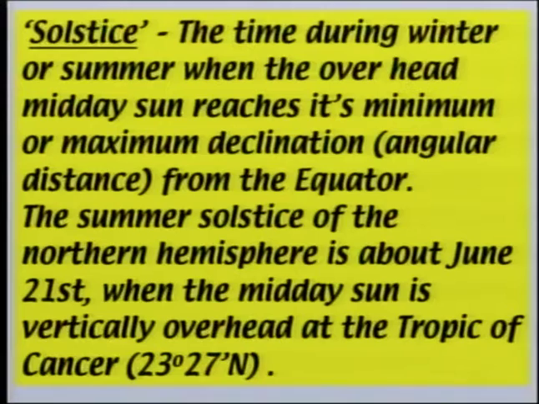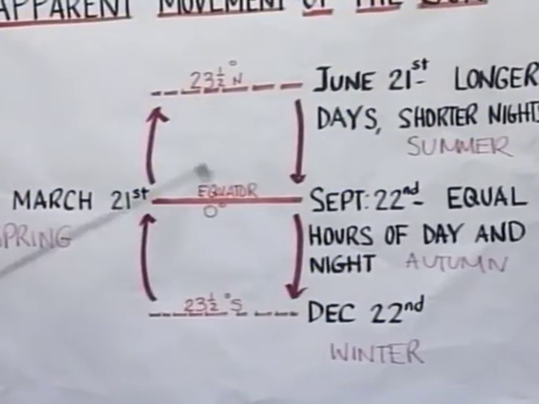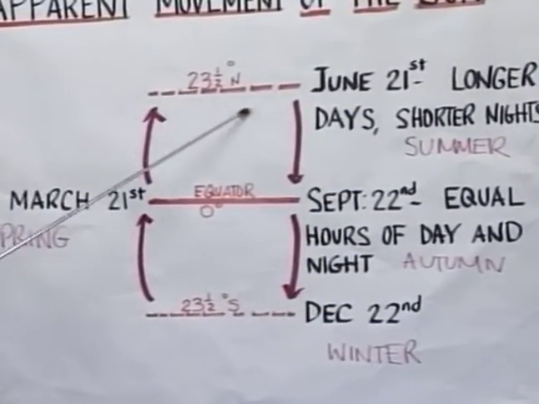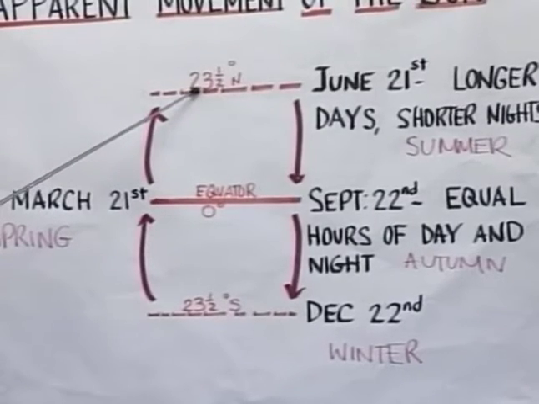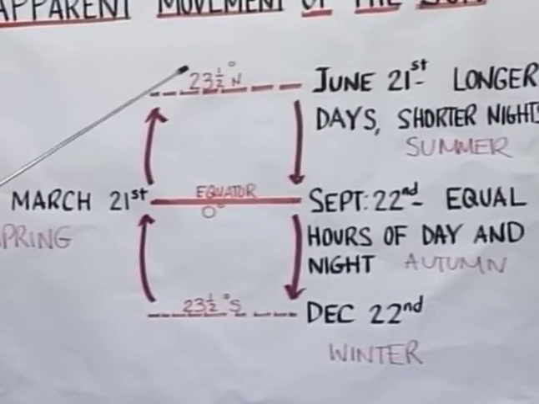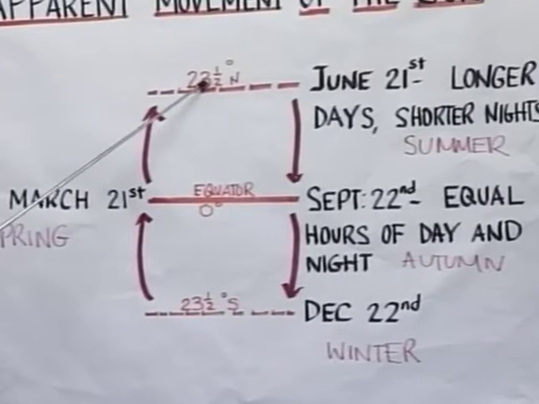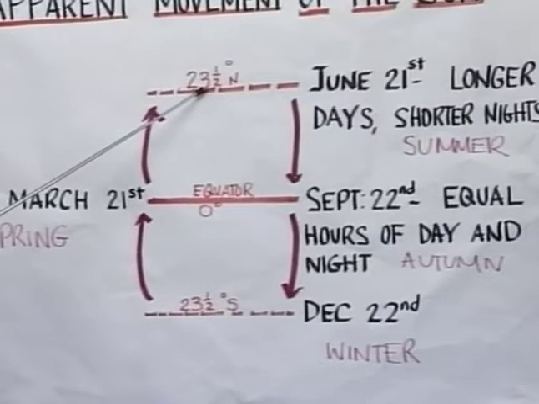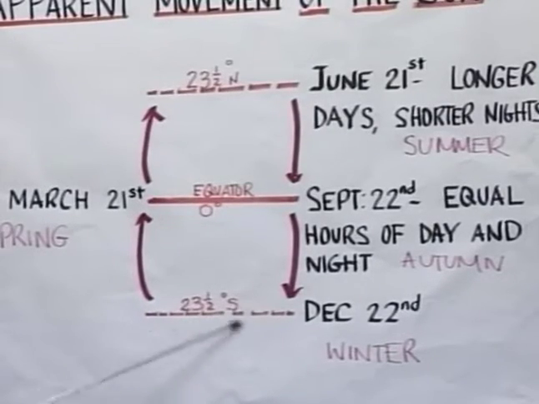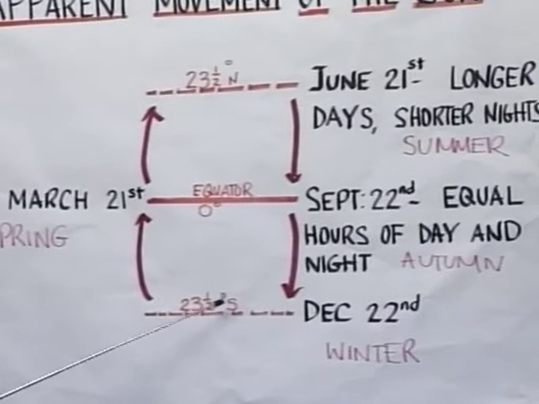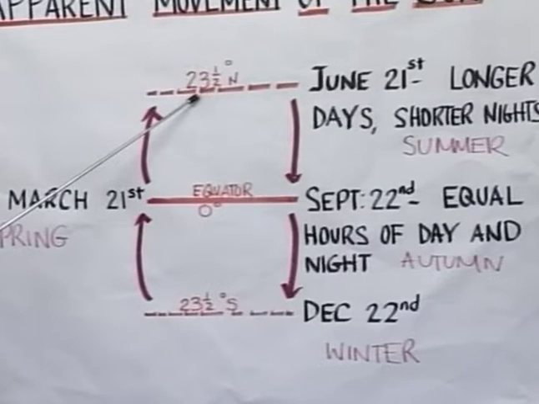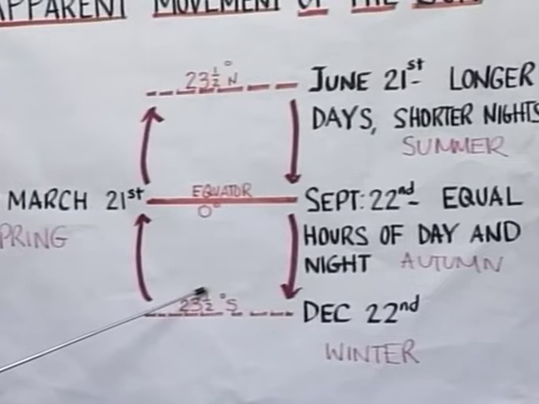In other words, we are looking at when the sun is actually above this point here. That means it is at its maximum. And if we are looking at this point and we are making reference to the overhead sun in the southern hemisphere, then that point will be at the minimum distance from the sun's rays or angles reaching it.